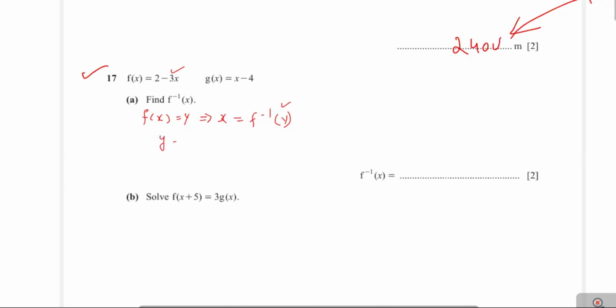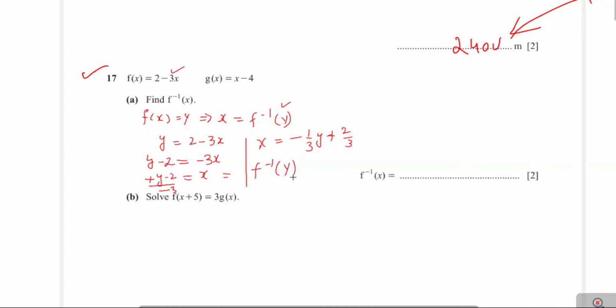Therefore, this equation can be written as y equals 2 minus 3x. Now, this equation can be written as y minus 2 equals minus 3x, and x equals (y minus 2) over minus 3. This can be written as x equals minus 1/3 y plus 2/3, and x equals f inverse of y.